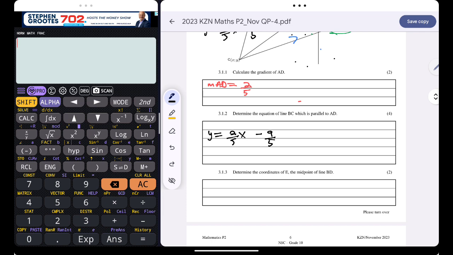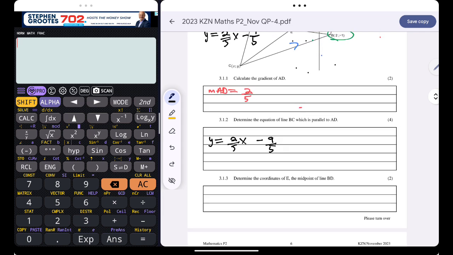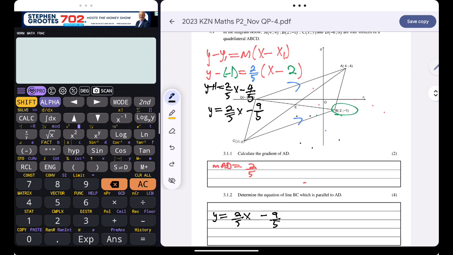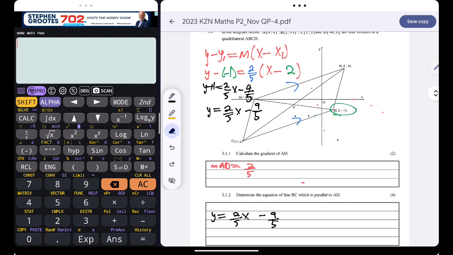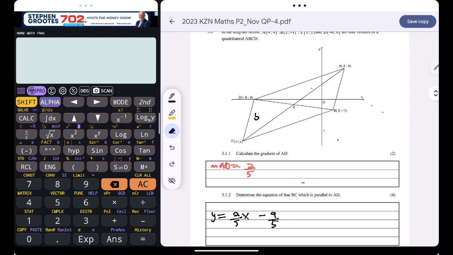I'm told to determine the coordinates of E, the midpoint of BD. Okay, E is the midpoint. Since E is the midpoint, I'll simply use the midpoint formula to get the coordinates of the midpoint. How do I get the midpoint? x1 plus x2 all divided by 2, y1 plus y2 all divided by 2.